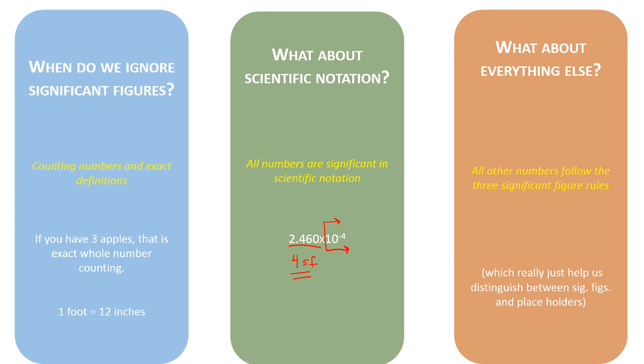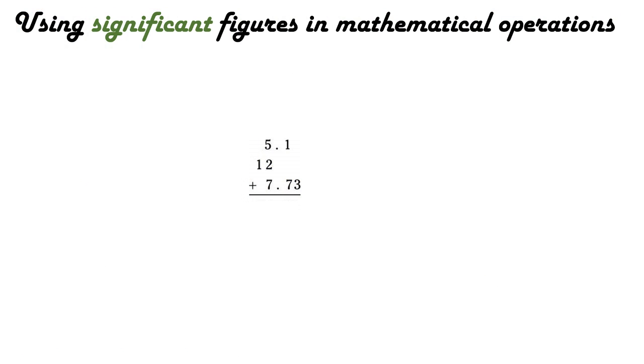We're going to use those 3 rules, which are really just a scaffolding to help us distinguish between significant numbers and placeholders. So for every number we calculate, every number we use in a calculation, we're going to think through how many significant figures should be assigned to it. And we'll talk more about that in class.